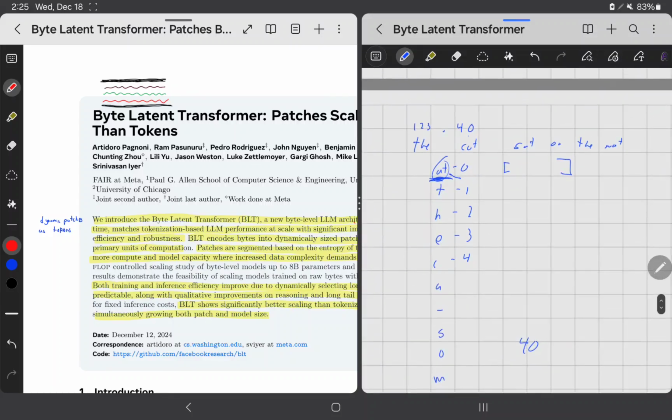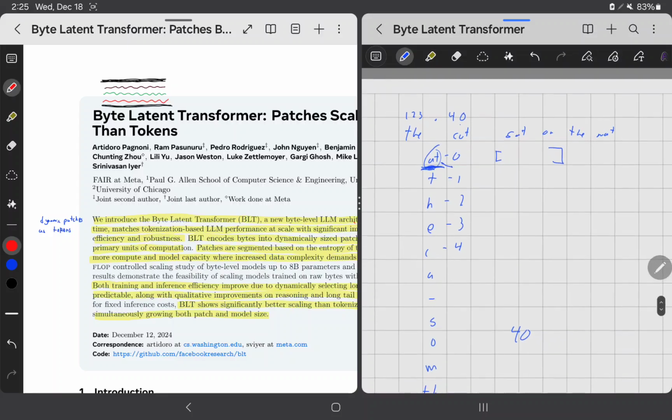Another problem is that tokenization adds a lot of biases that force the model to not handle character level edits. For example, let's come up with a stupid edit.